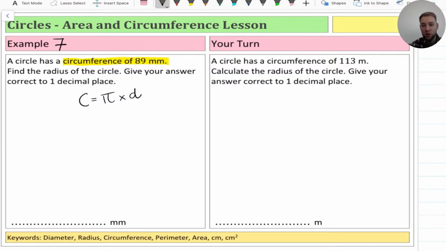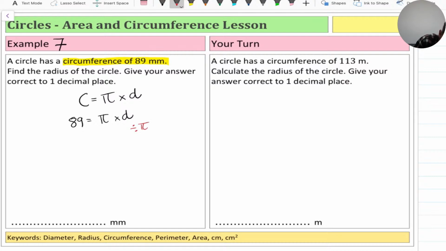So yeah, it's giving us the circumference now. So I write the formula down. I sub in what I know. In this case, I know that the circumference, so the distance around that circle, is equal to 89, is equal to pi times d. So to find out what d is, I need to get rid of that pi by dividing both sides by pi.